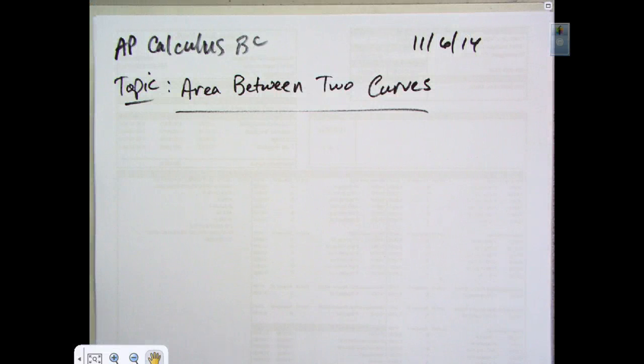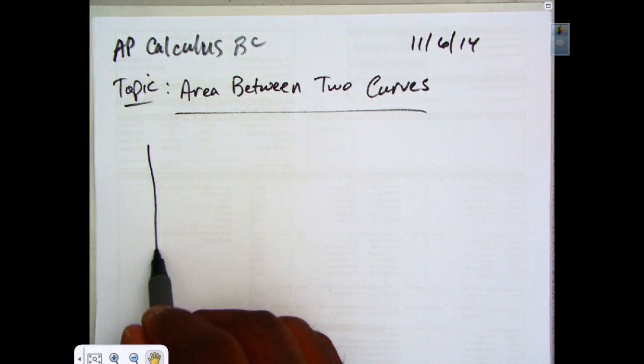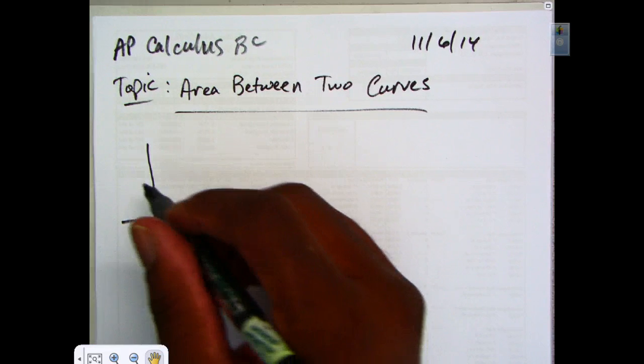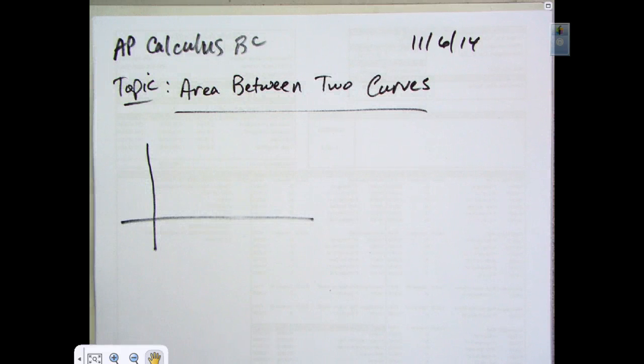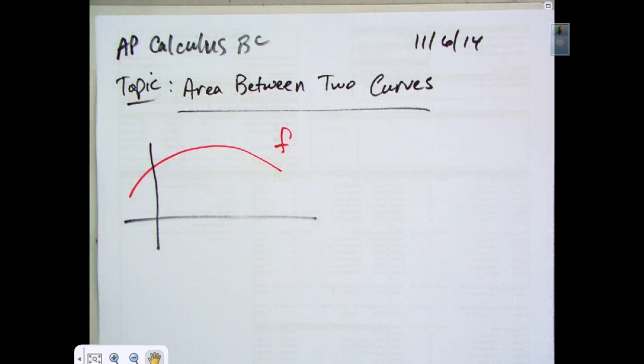All right, so the area between two curves, let's go ahead and get a visual of that. So let's say we have a curve f and a second curve g.